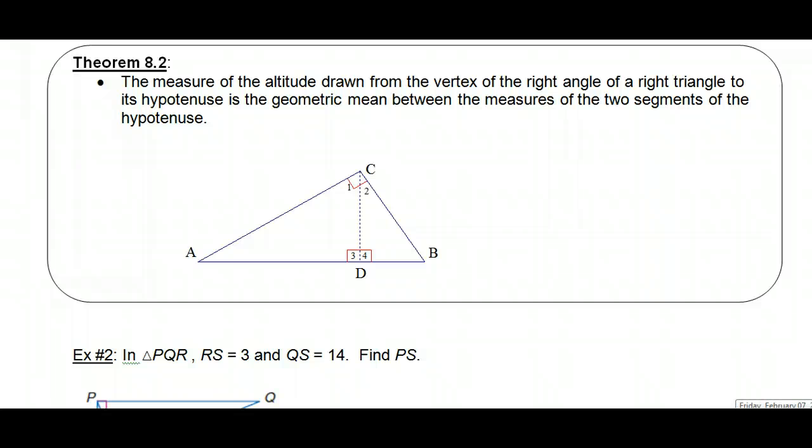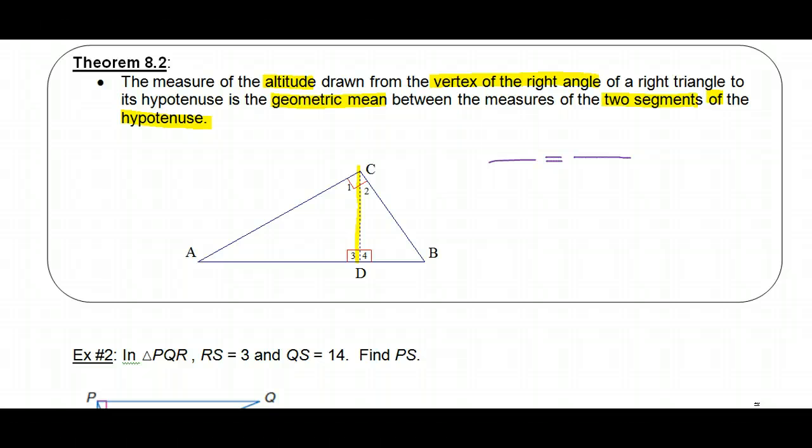All right. So now we get into the applications of what happens when we have that altitude drawn. When we have that altitude drawn from the vertex of the right angle, this altitude, that would be CD, is the geometric mean between the measures of the two segments of the hypotenuse. So what would that look like as a proportion?